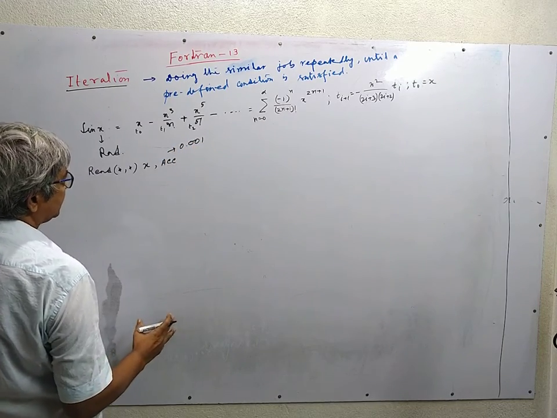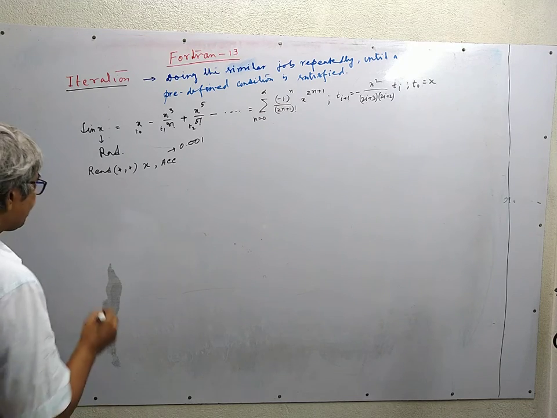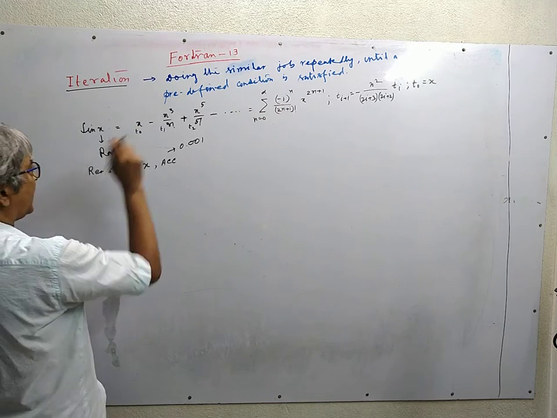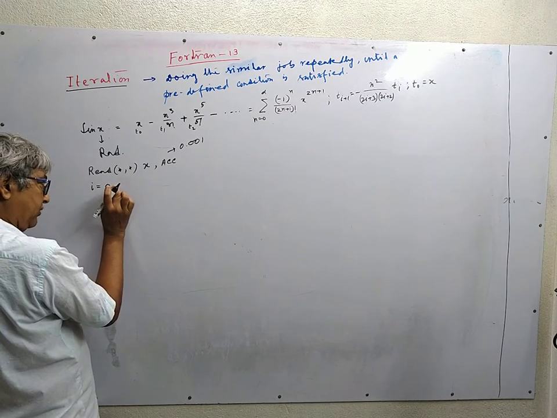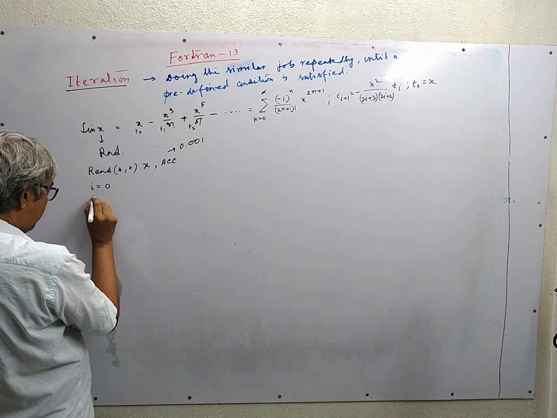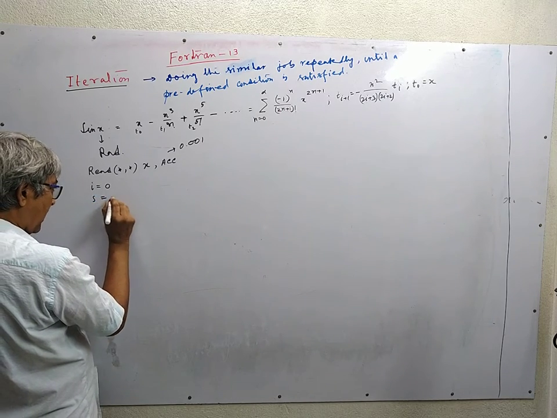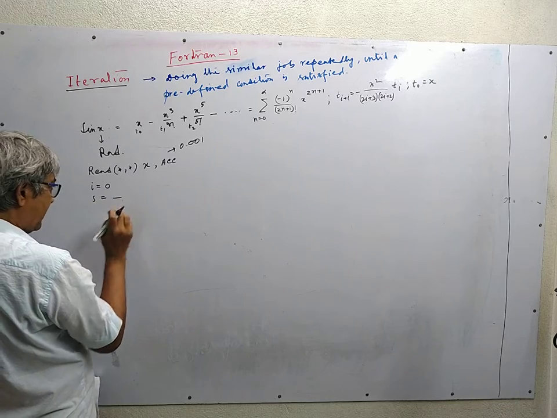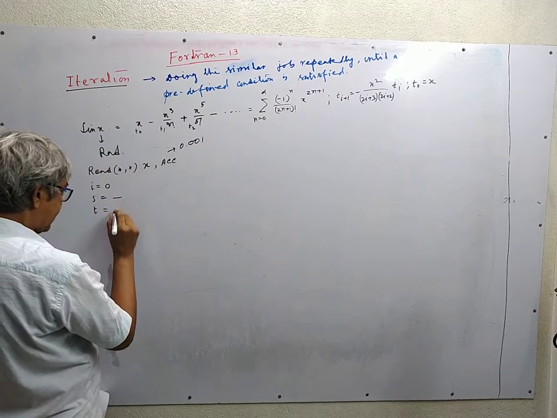So the series will calculate the sine of x, which is correct up to the third decimal place. Now i is set to be 0. i is an integer, so do not put any dot. Then sum, it is a real quantity, I will assign it afterwards. And then term, the first term is x.